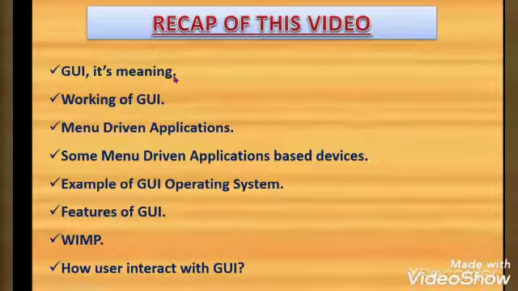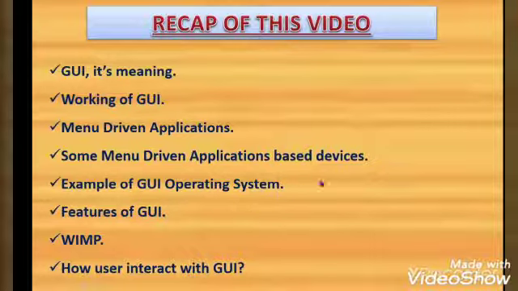Firstly we talked about GUI and its meaning, then the working of GUI. Next we talked about menu driven applications, which are ATM machines, television, MP3 players and many more. Then we talked about some applications: tablets, mobiles, computers.